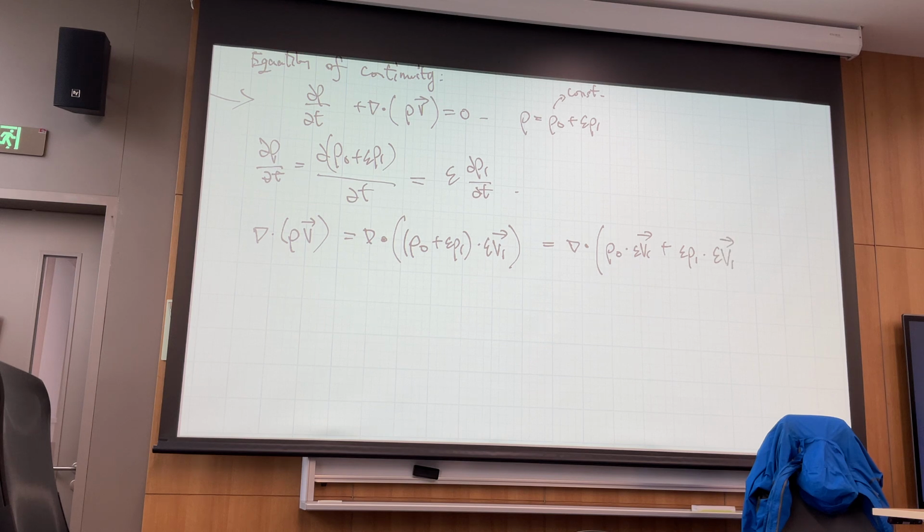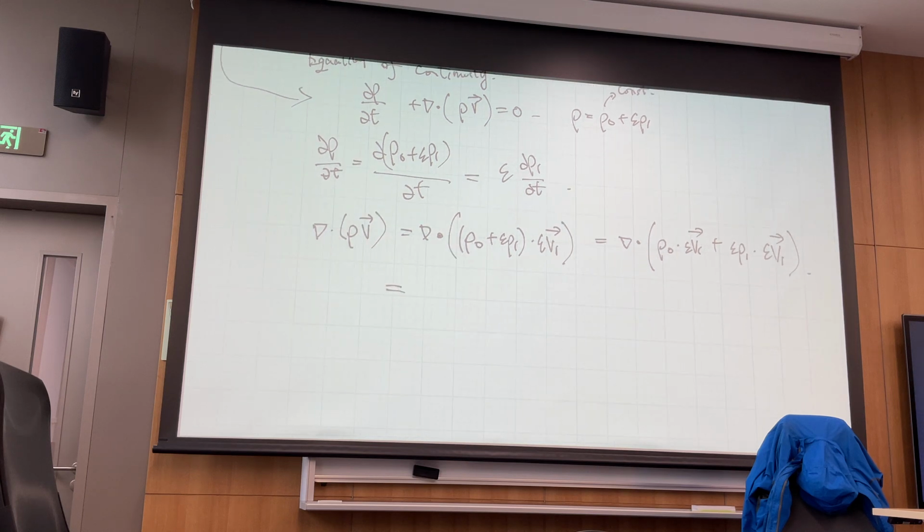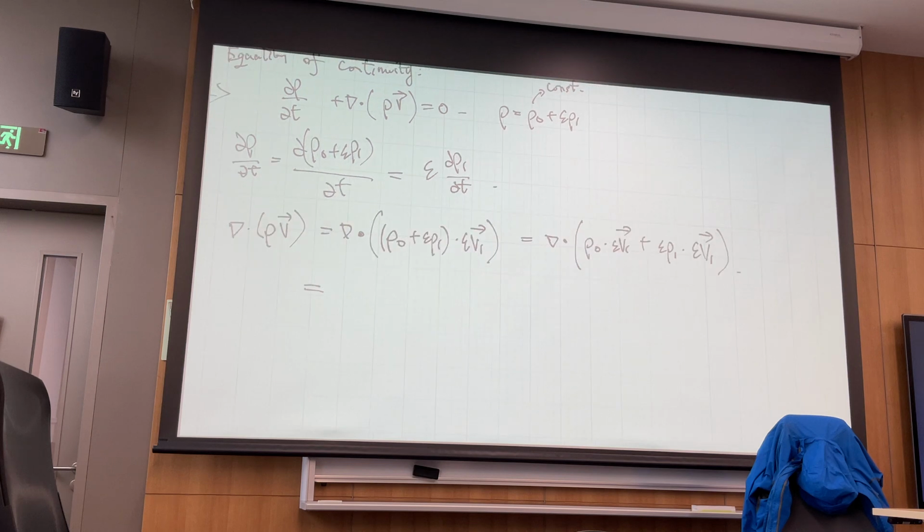Epsilon is first of all a parameter, and also a scalar, so I can extract it. It can be passed through all of the multiplications. In the first term, rho 0 is a constant and epsilon is also a constant, so indeed that comes out.